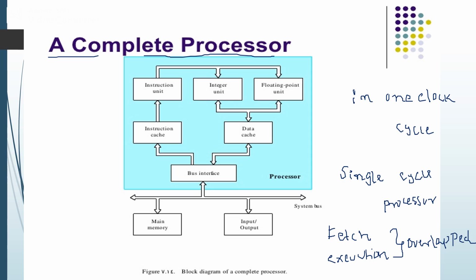Latest processors include an instruction unit which fetches many instructions in advance and places them in a queue. Other enhancements include having multiple functional units such as integer unit, floating point unit and instruction unit, which operate on the respective type of data in parallel.